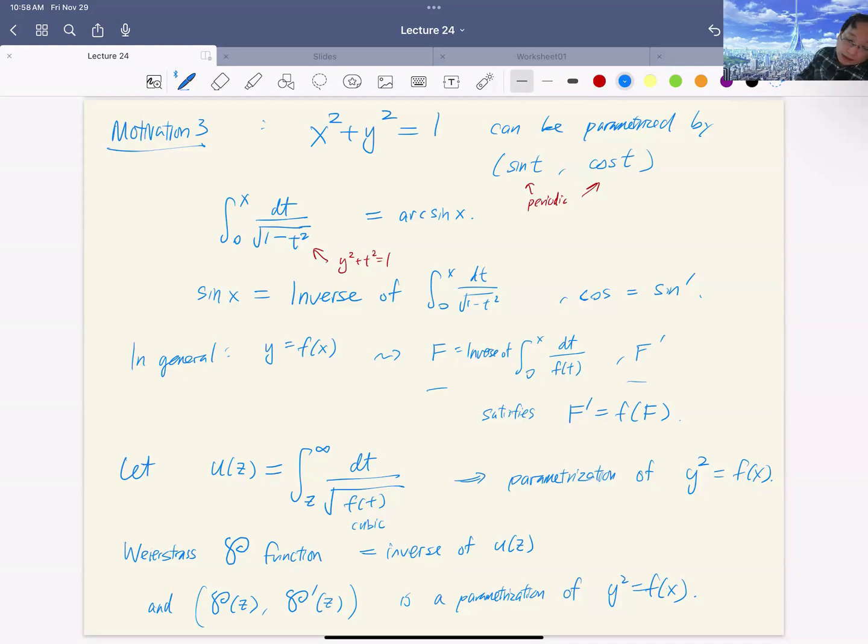Now we have P and P prime. And so here we have periodicity. It turns out that, again, magically, this P function is also periodic. But because it is a complex function, it is not just periodic in one direction. It is actually periodic in two directions.